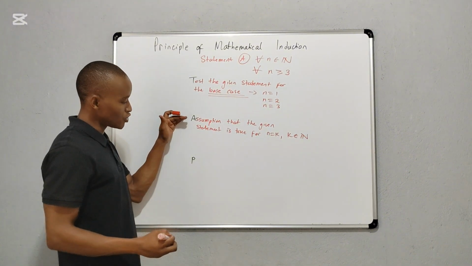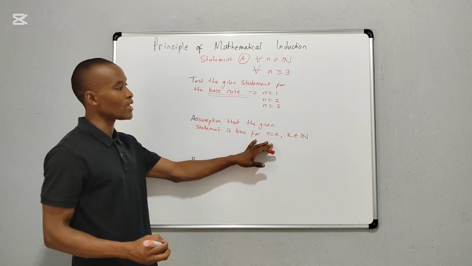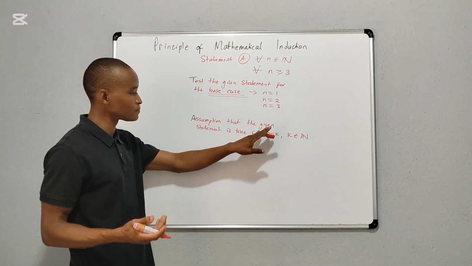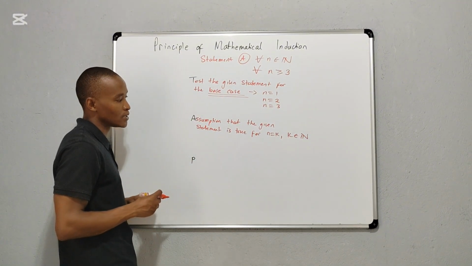And you show mathematically that it is true for n equal to k, just like you did for a numerical value of k. So k is any natural number.